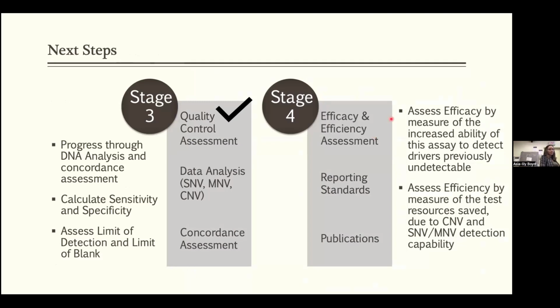So the measure of efficacy will be based on our increased ability to detect variants or drivers now that we were missing before, that we couldn't see from our old panel. And our measure of efficiency will be the amount of test resources saved, because now we're able to run one assay and detect copy number and those other MNV and SNV drivers.